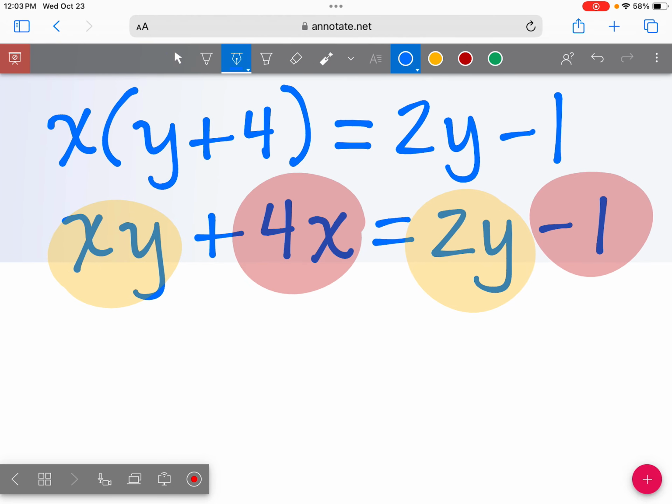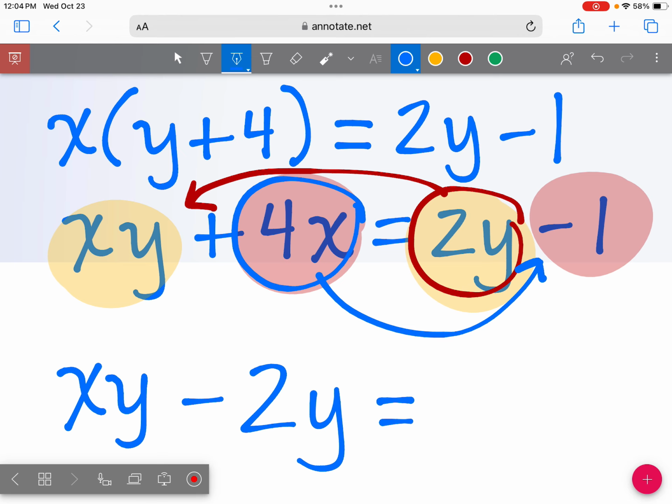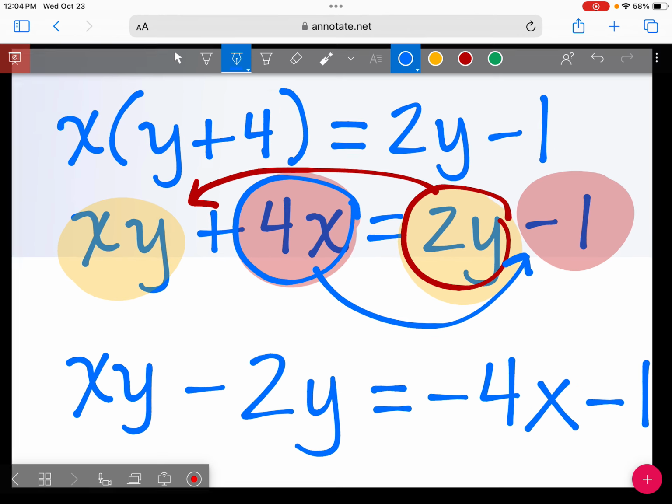So I'm going to bring this one over here, and then I'm going to bring this one over here. Does that make sense? So when I do that, I have xy minus 2y equals negative 4x minus 1.